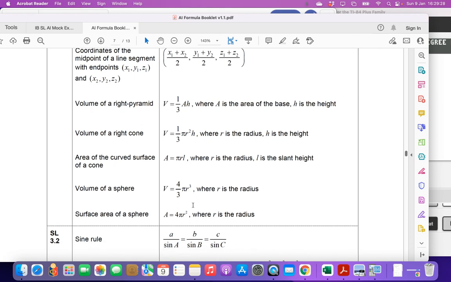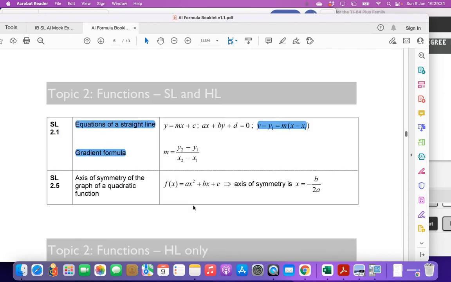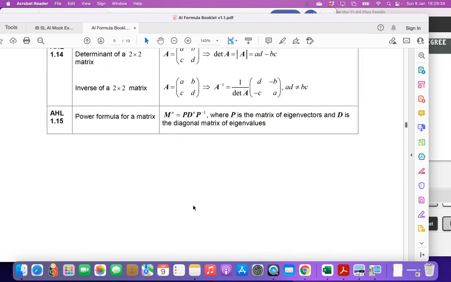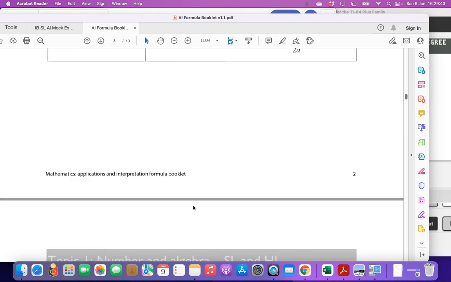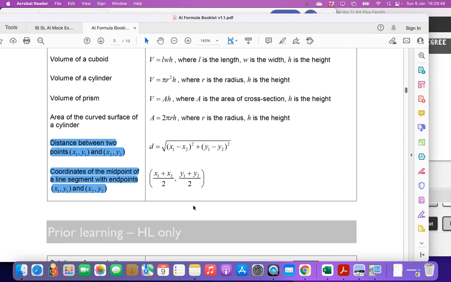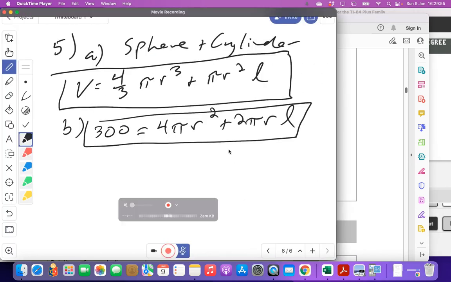Surface area of a sphere, 4 pi r squared, and then it's going to be 2 pi rL for the curved surface. Right there. Okay, so there's A and B. We have our two equations, two unknowns, r and L. We're going to have to do some substitution here to get it down to one variable so that I can do some differential calculus on this.